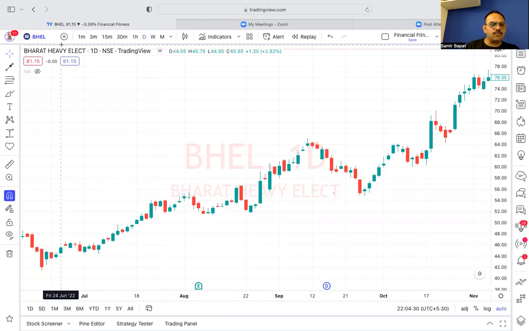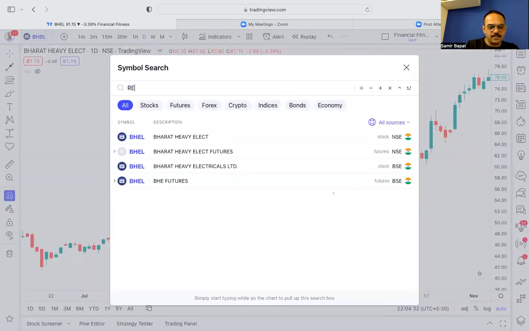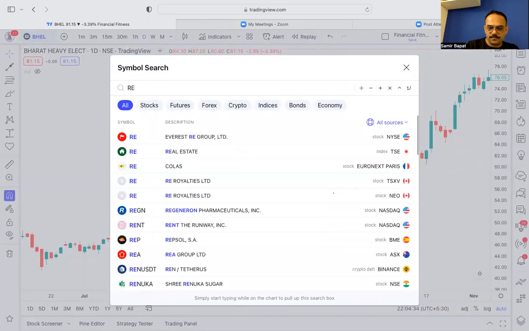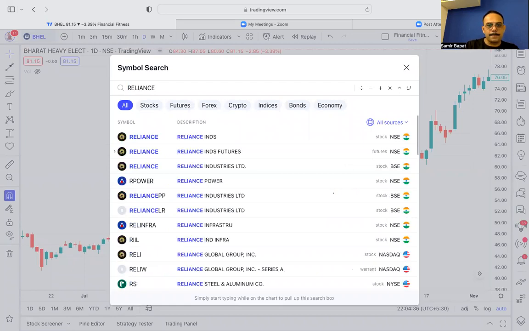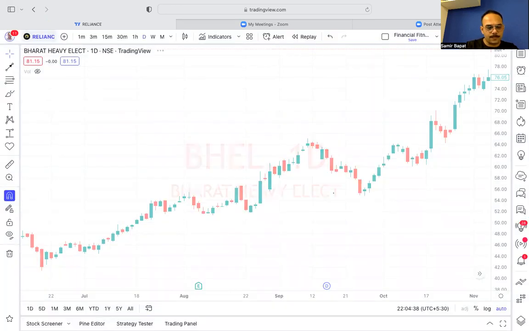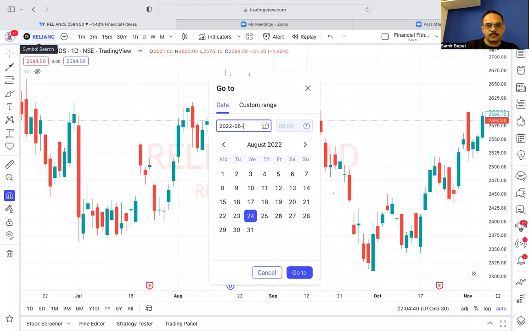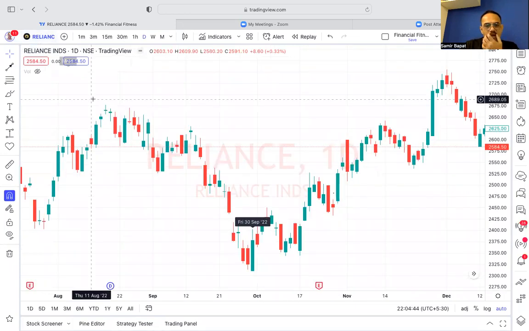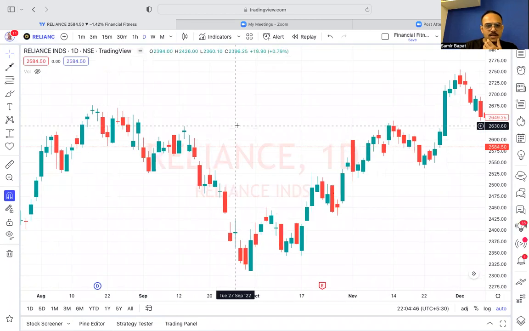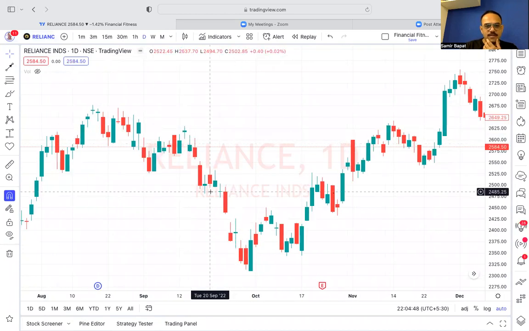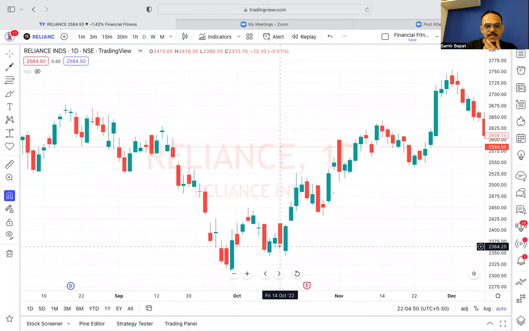Okay, Reliance. So we'll take the last example, Reliance, 30th September. Yeah, this is a good bullish engulfing. So there is a downtrend, downtrend, downtrend. This bullish engulfing forms.